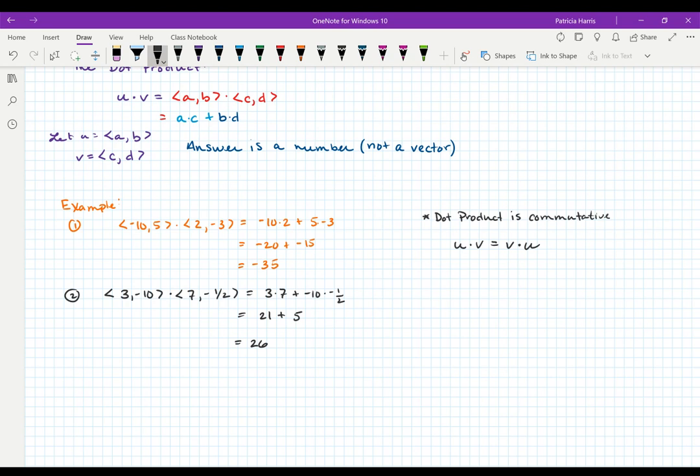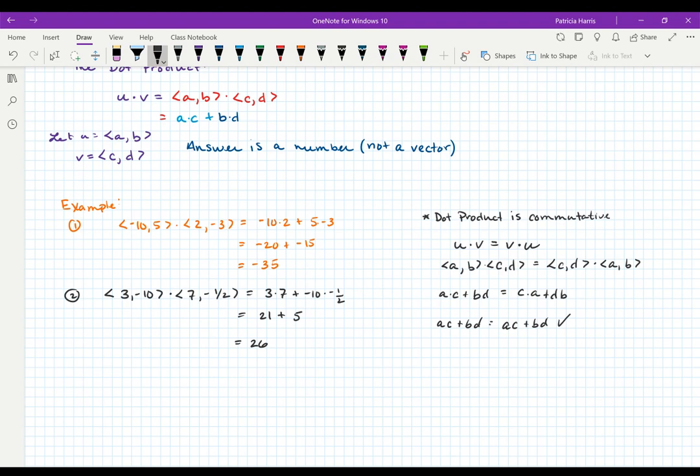Okay, and we can prove that. a times c plus b times d, c times a plus d times b, and since multiplication and addition are commutative themselves, I can prove that dot product itself is commutative.